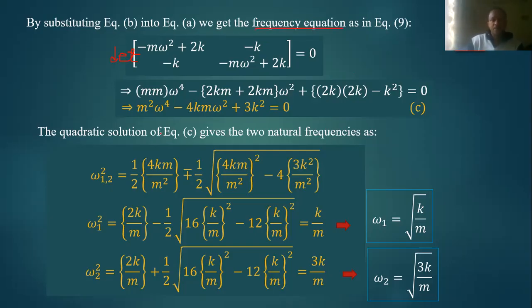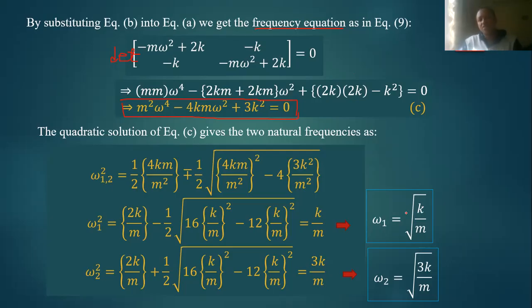So our frequency equation is this one. This is the frequency equation of the system. And then the quadratic roots of this frequency equation are this. So finally, solving this quadratic equation, we get omega 1 squared is equal to k over m, and omega 2 squared is equal to 3k over m.